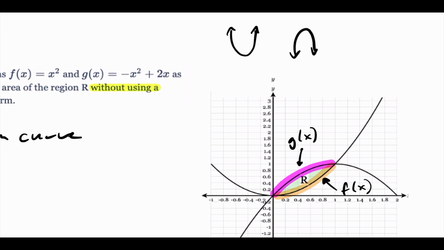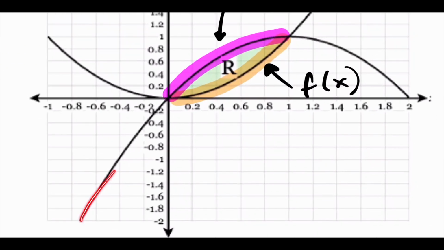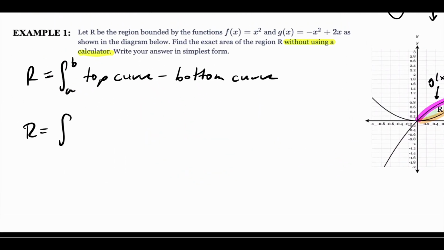It could be skinny, wide, but that's usually what they look like. If it has a negative A, it looks like this. If it has a positive A, it looks like that. So G has a negative A. This is an arrows down parabola. So G is on top, F is on bottom. Okay?